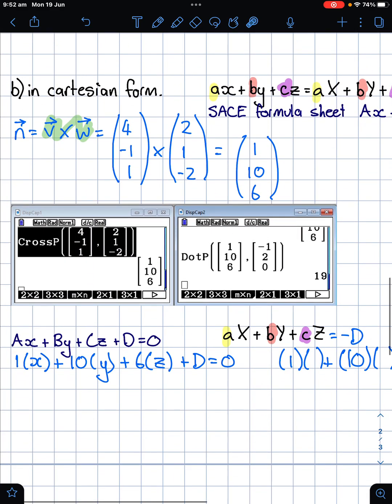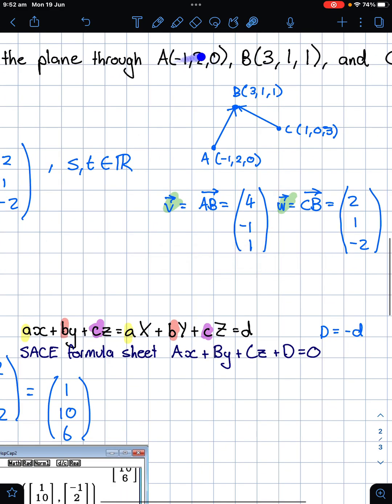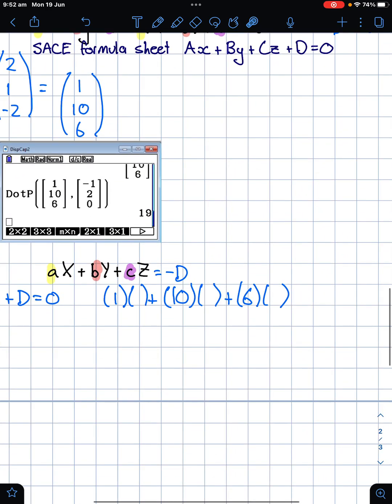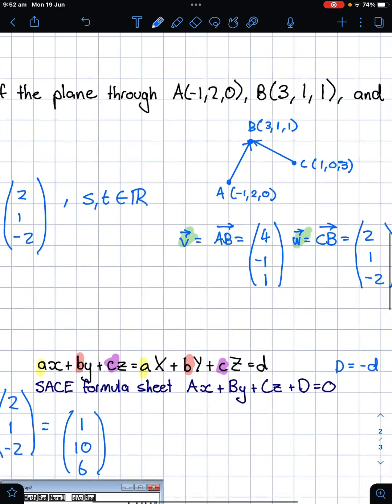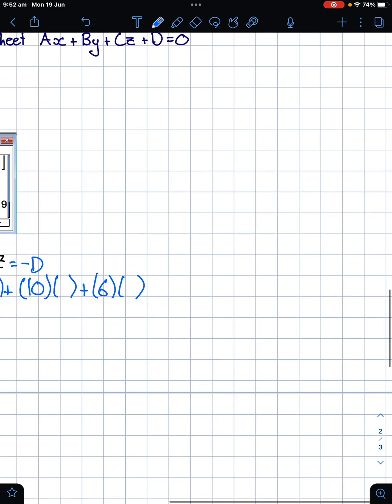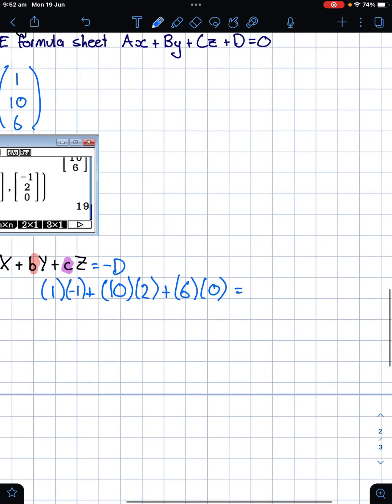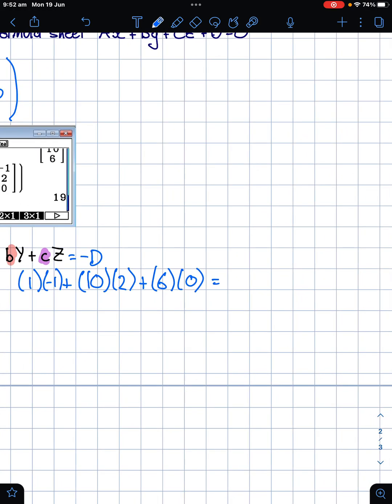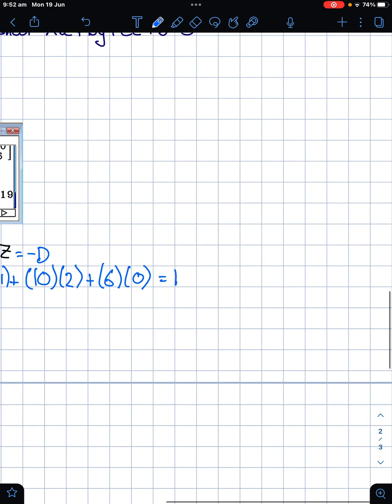I've already picked this point A, which they used in the textbook, and I went (-1, 2, 0), and this equals 19 here.